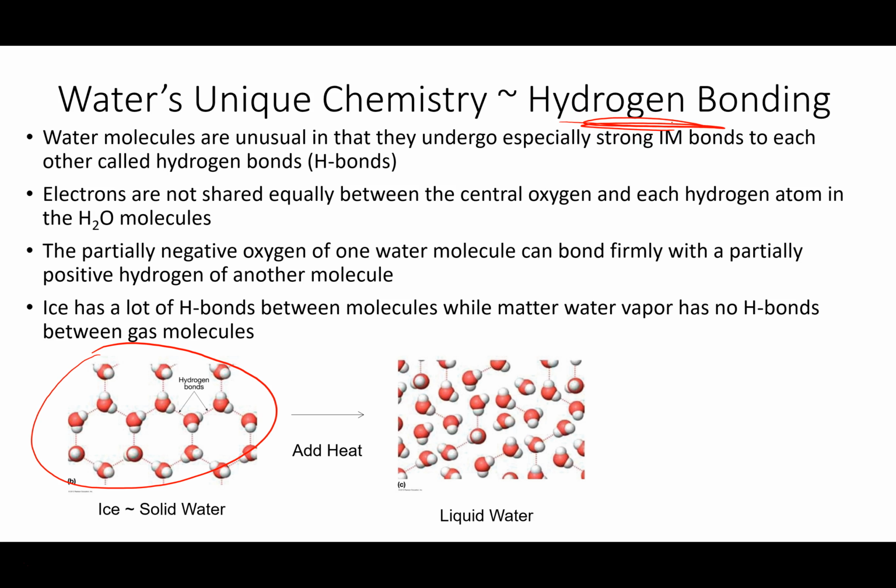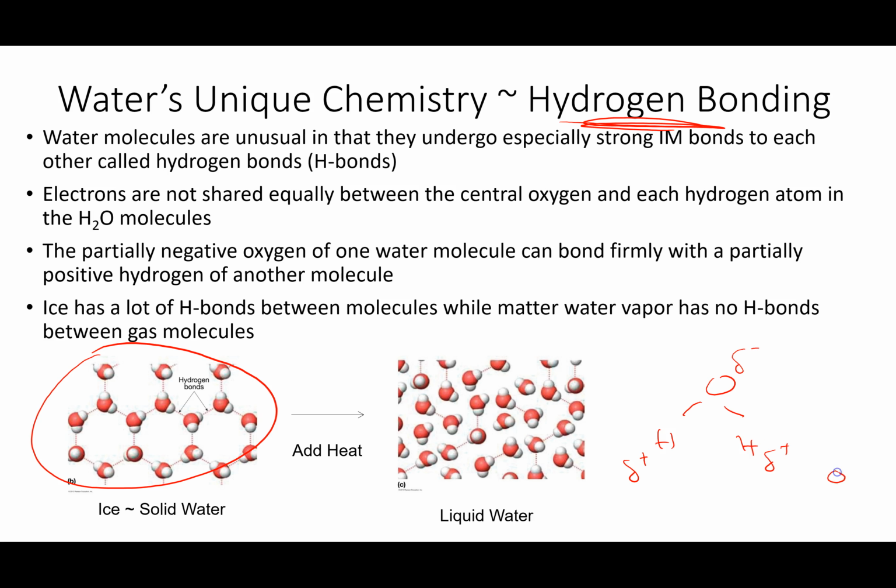The reason they're called hydrogen bonds is because remember the white atom here on a water molecule is a hydrogen. It is drawn to an oxygen atom of another water molecule because the hydrogens are partially positive, and the oxygen is partially negative.